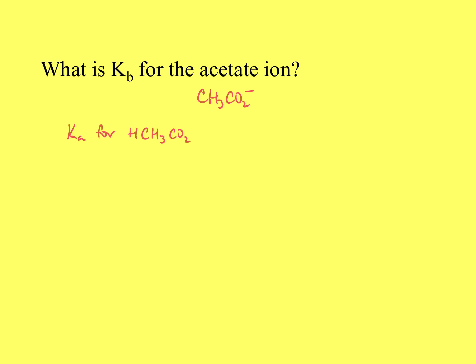And it so happens that it's going to be the same as the last problem, just a coincidence, 1.8 times 10 to the negative 5. So the Kb for the acetate ion would be, once again, 1 times 10 to the negative 14 divided by 1.8 times 10 to the negative 5. And that would give you 5.6 times 10 to the negative 10.